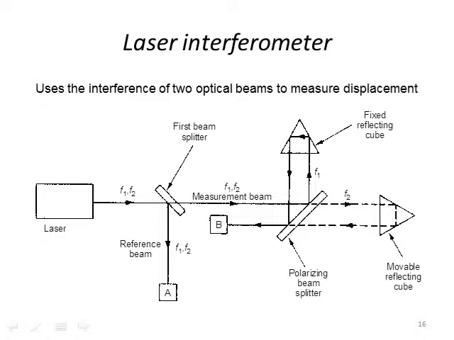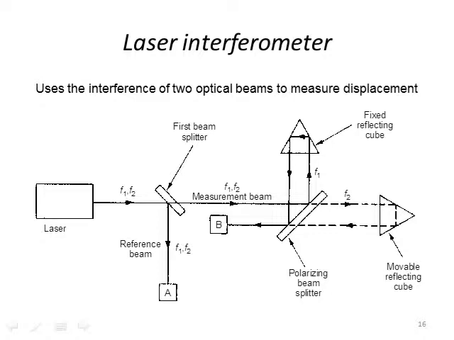The measurement beam then continues onto the right, and it also is split between a fixed reflecting cube and the movable reflecting cube. So now you see that F1 and F2, one of these beams is going to go to the same exact setup, except one of these, if you get a displacement, is going to be moving.